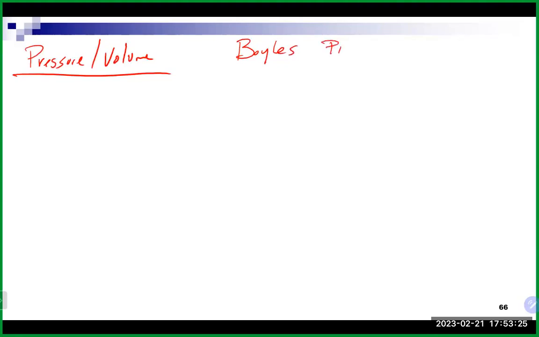Now, when we're dealing with gases, we do talk about pressure and volume, and oftentimes they're tied together. There is a gas law that relates both pressure and volume, and that gas law is our good friend Boyle's. P1 V1 equals P2 V2.